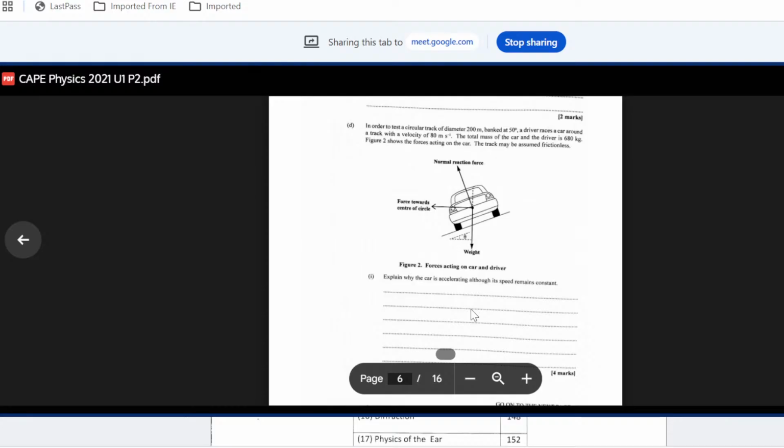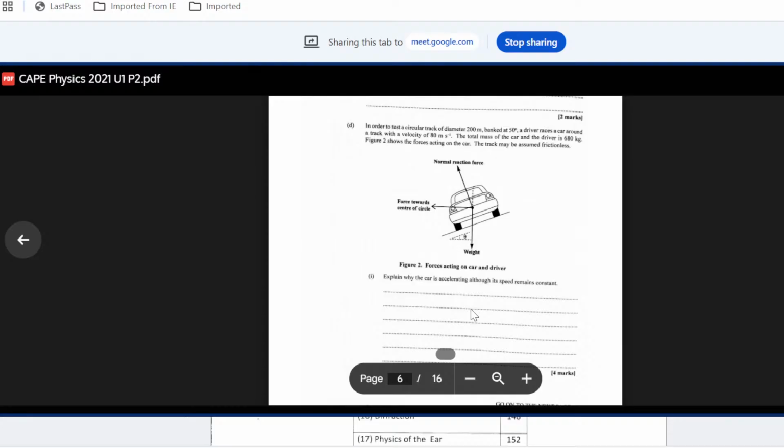Because it's so many marks, you probably want to define what acceleration is. It's all of 4 marks. So acceleration is the rate of change of velocity with time, and velocity is a vector quantity.